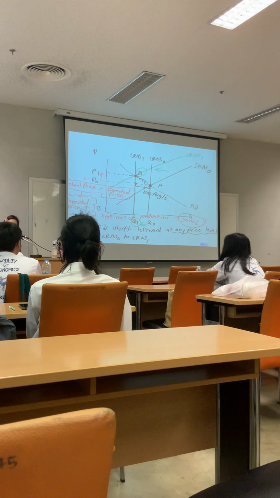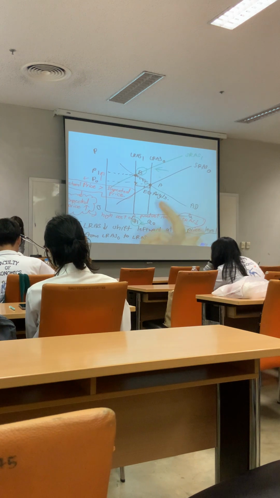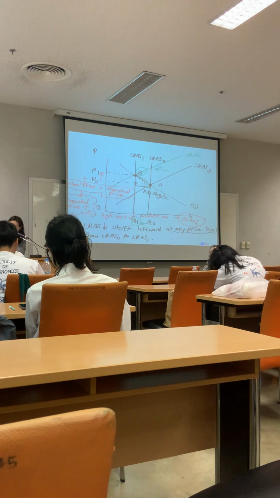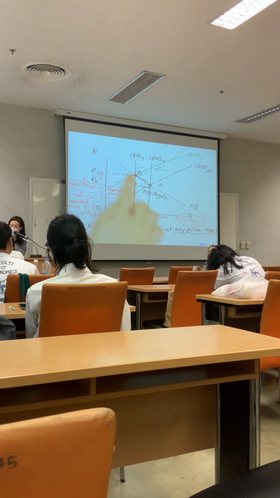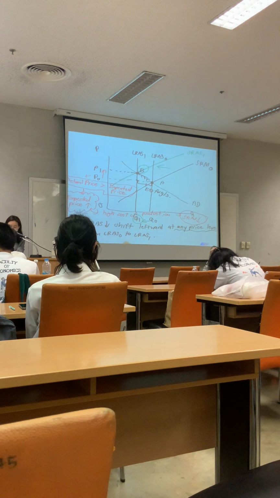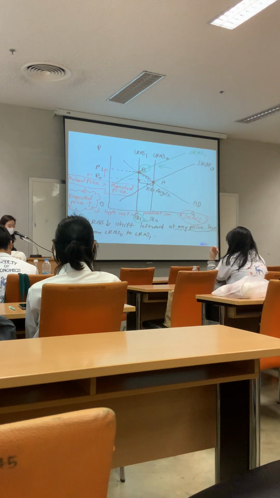You just shift the whole graph and it goes back to full employment. But because in this case LRAS changes, we reach a new full employment. So when you shift back, it closes the gap and makes it clear that the new full employment happens at point Q1, where all three graphs cut together. So this is the case when the LRAS curve shifts first.